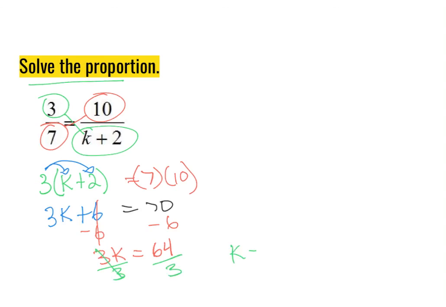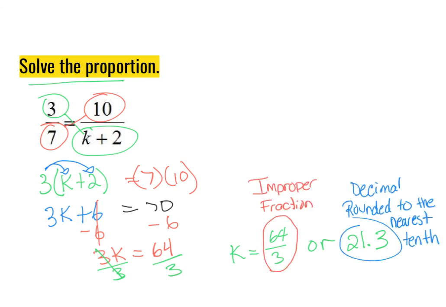So k will equal 64 over 3 as an improper fraction, or 21.3 when it's rounded to the nearest tenths. Again, when completing your assignments, make sure you read the directions to see what kind of answer you should be putting in, an improper fraction or a decimal rounded to the nearest tenth.